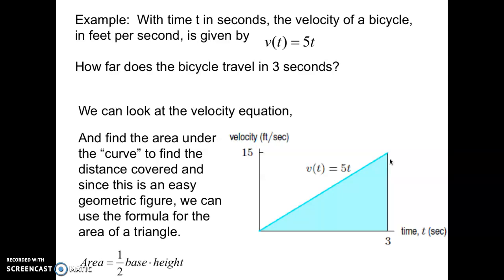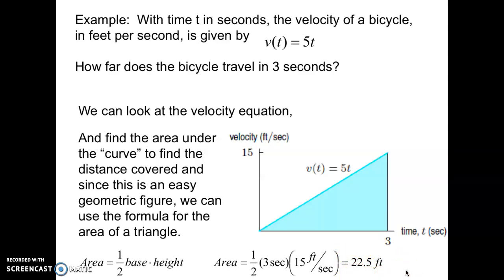In this case, area equals 1/2 base times height, which is 1/2 times 3 seconds times 15 feet per second. Notice the output of the function at 3 was equal to 15 feet per second. And then we can see by our units, 1/2 times 3 times 15, the bike has moved 22.5 feet in those 3 seconds.